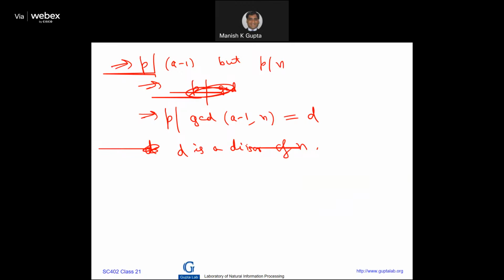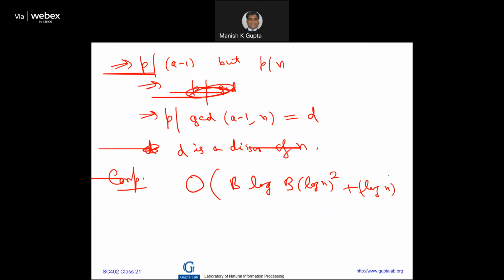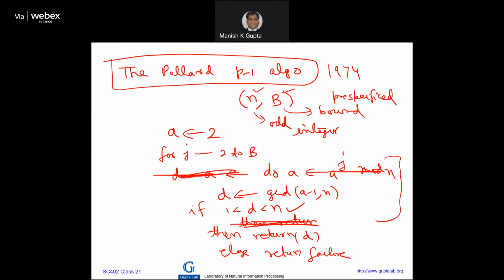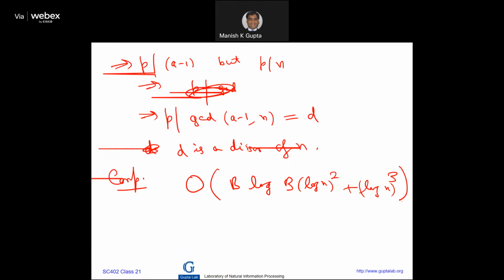This is how you find a factor, and the complexity turns out to be big O of (log n) squared plus (log n) cubed. All of this requires proof, which I am not doing. So this was the Pollard p minus 1 algorithm. It's a very old algorithm.